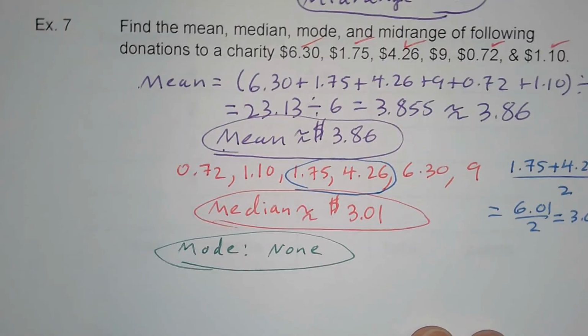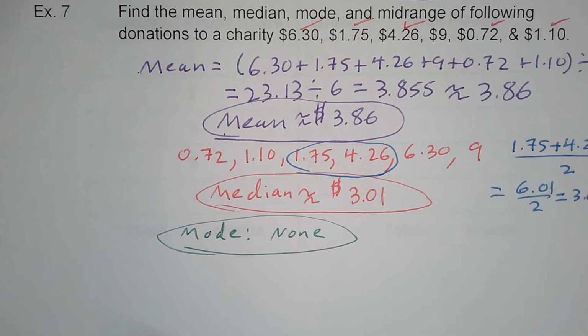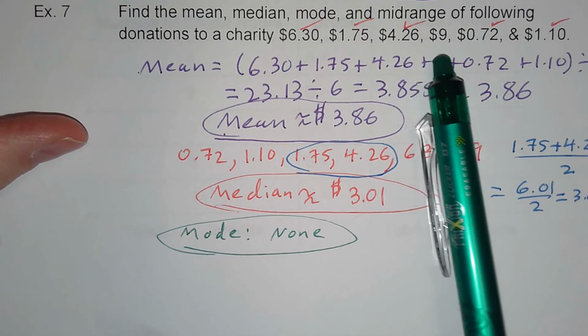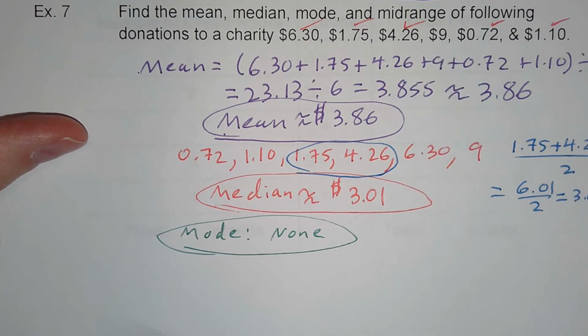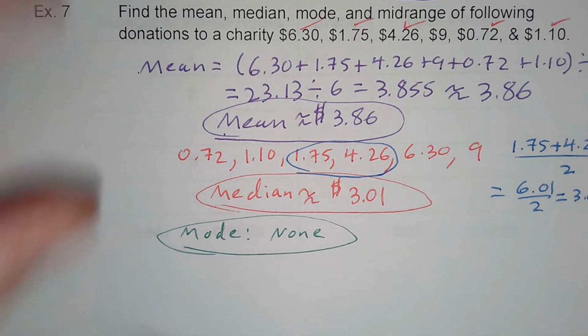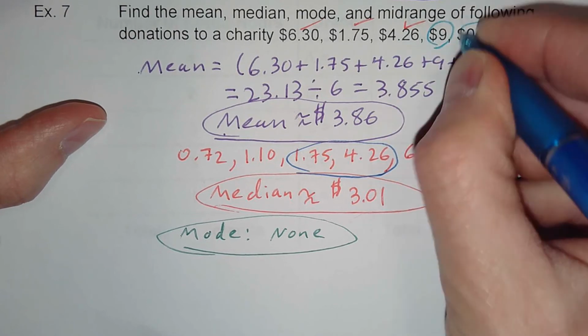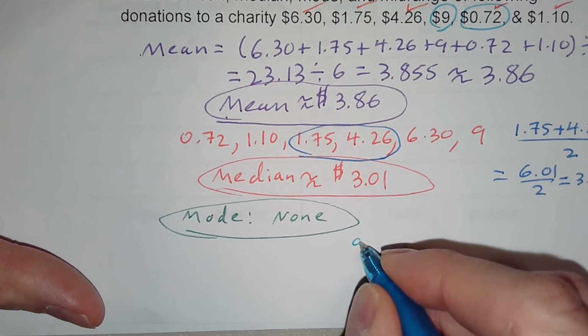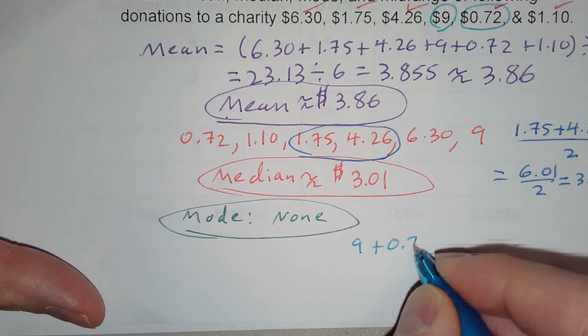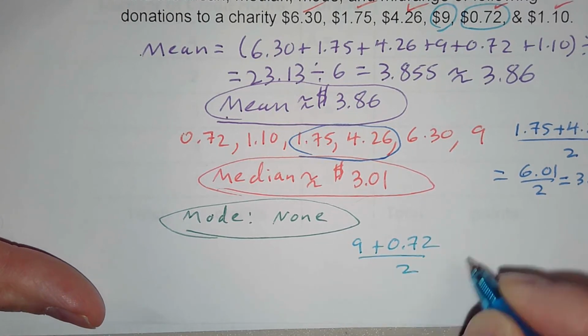And now we're going to do the mid-range. So my largest data value is $9. Smallest data value is 72 cents. So we're going to add $9 and the 72 cents and divide by 2.